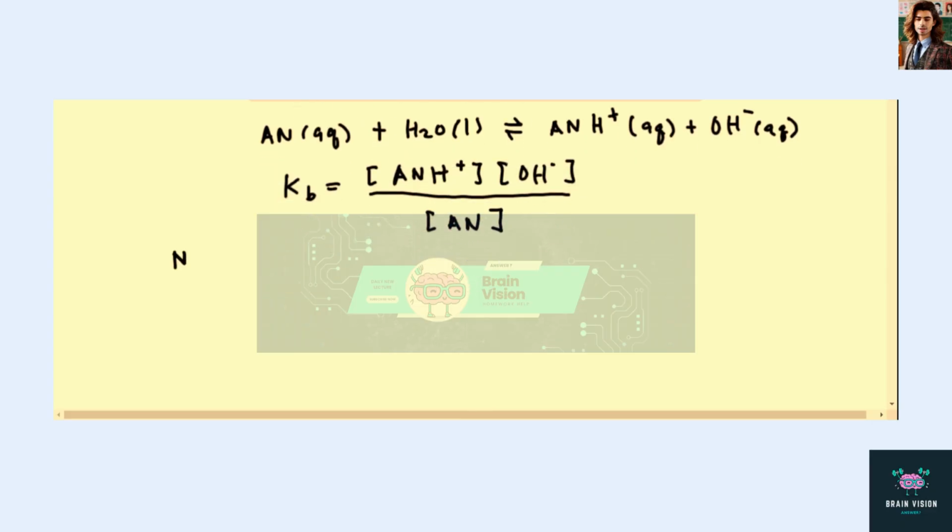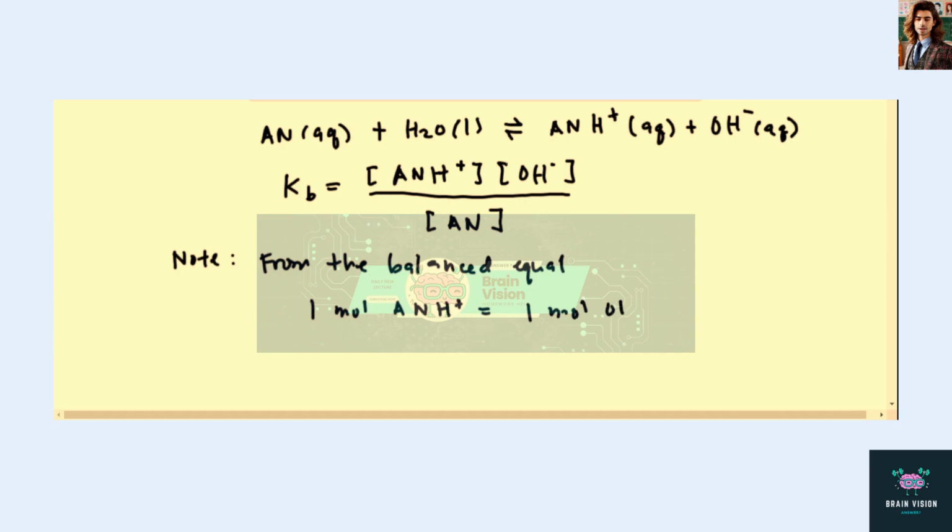Now note that from the balanced equation, 1 mole of ANH+ equals 1 mole of OH-.